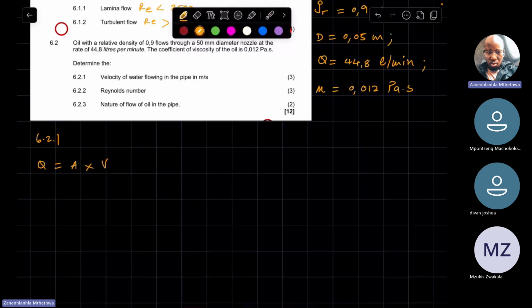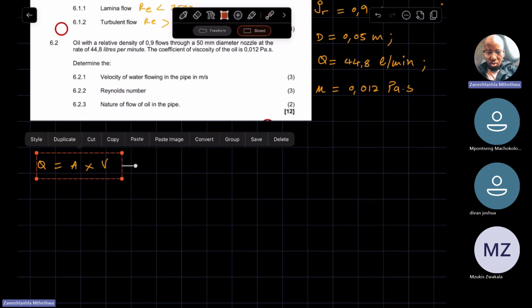Before you do, remember that they've specified that we should leave our velocity in its standard units, meters per second. Meaning the area has to be substituted in square meters, and Q must be substituted in cubic meters per second. So let's first convert our Q.